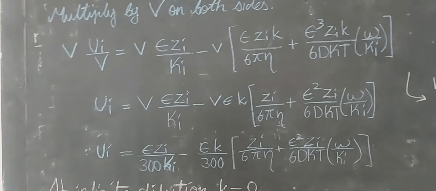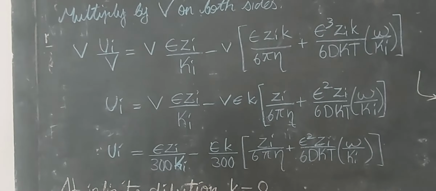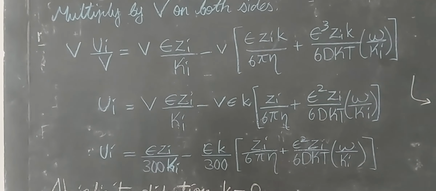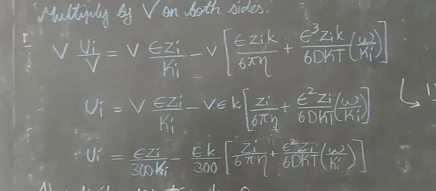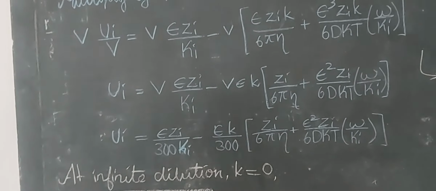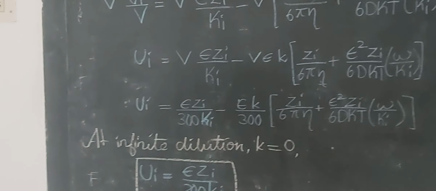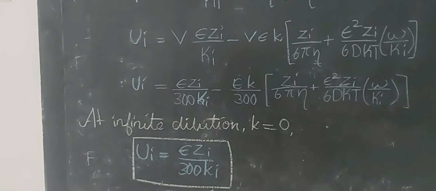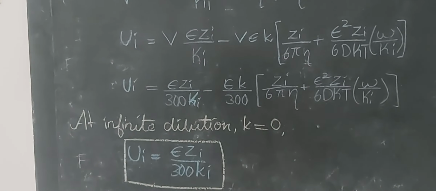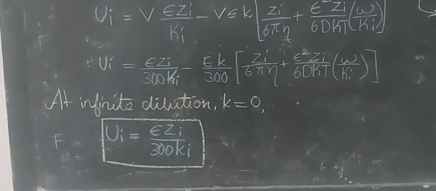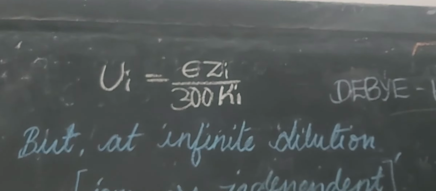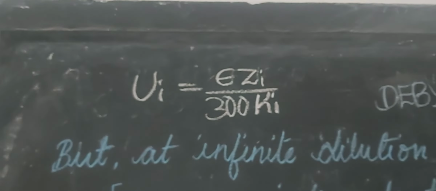If the dilution is infinite, then the k will be 0. If the k will be 0, the whole term will be neglected. So we will get u_i equal to epsilon z_i divided by 300 kappa_i. At infinite dilution, we are getting k equal to 0 and we are getting this equation.